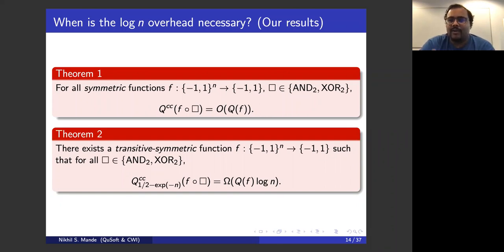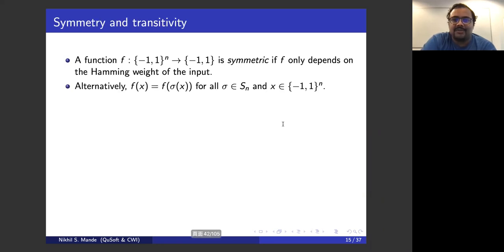Basically, if you have a quantum query algorithm for a symmetric function, we're going to take an optimal quantum query algorithm for a symmetric function and port it to the communication world and give a communication protocol for f composed with square without incurring this overhead. It'll be helpful to keep the outer function as OR in mind for my sketch of the proof.